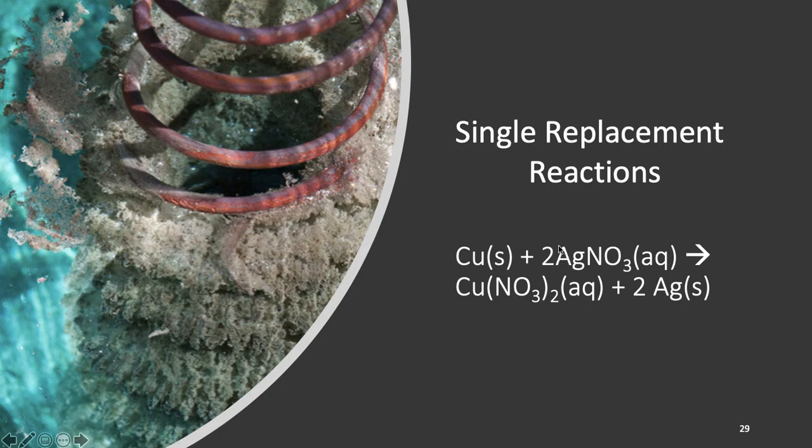So I only have one replacement instead of a double replacement. This is also a redox reaction, and we already talked about it, because copper is going from 0 in its elemental state to a 2+, and silver is going from a +1 to a 0. So you have loss and gain of electrons. You have a redox reaction.